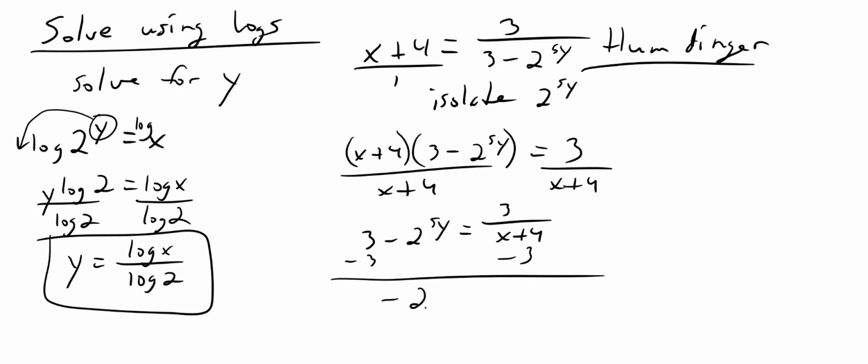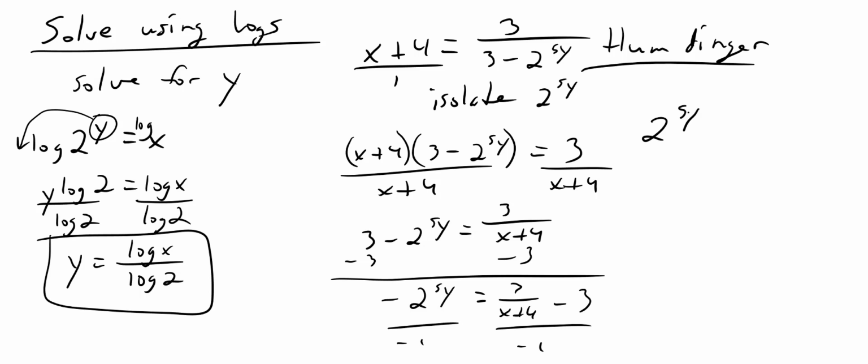So negative 2 to the 5y is equal to 3 over x plus 4 minus 3. I'm going to divide everything by negative 1, because I don't want to get rid of the negative. So now I have 2 to the 5y is equal to 3 minus 3 over x plus 4.